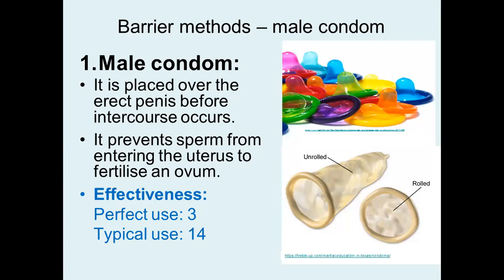So remember, that means of 100 women using this for an entire year as their only method of contraception, with perfect use, 3 of them will become pregnant. With typical use, 14 will become pregnant. Okay, so that means 86% of the women are safe. Okay, so let's have a look at the structure of a condom.